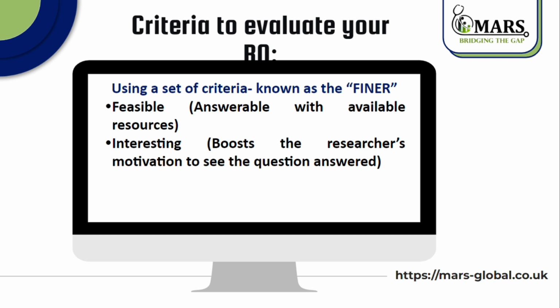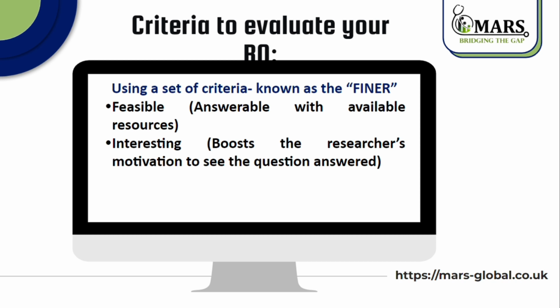The first letter is F, which stands for feasible. What does this mean? It should be answerable with available resources. A good research question should be feasible, which means that the question is well within the researcher's ability to investigate.